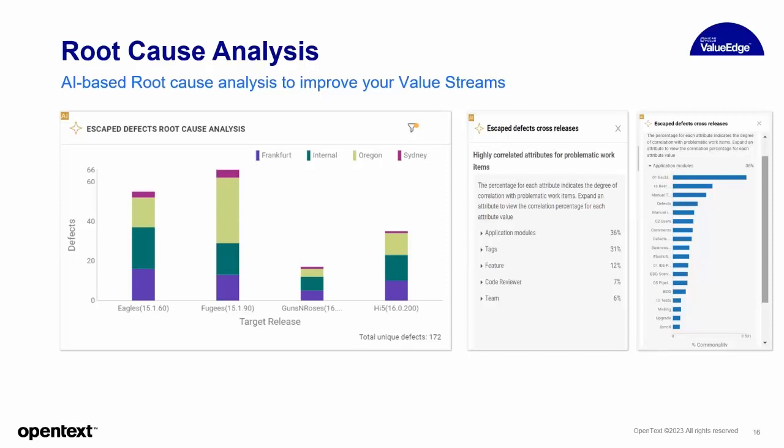And of course, see whether or not you have any correlated trends across your releases, across your escaped defects. And of course, improving the root cause, improving these correlated attributes will mean that you will decrease the number of escaped defects you're seeing in production.